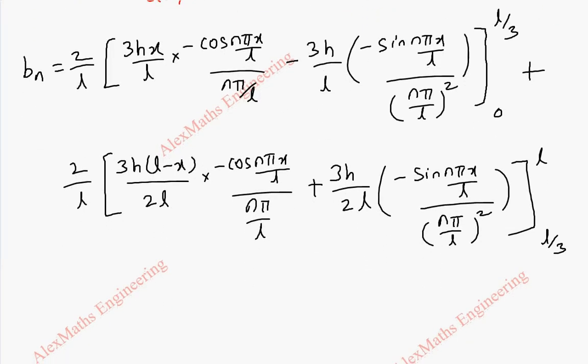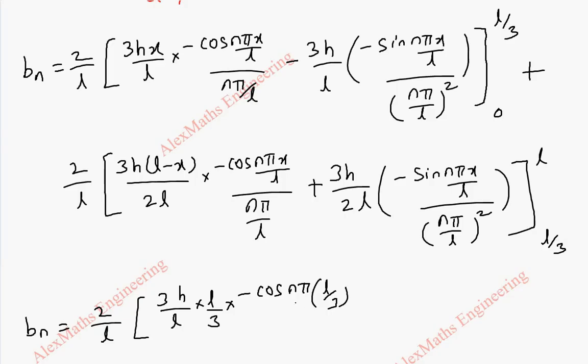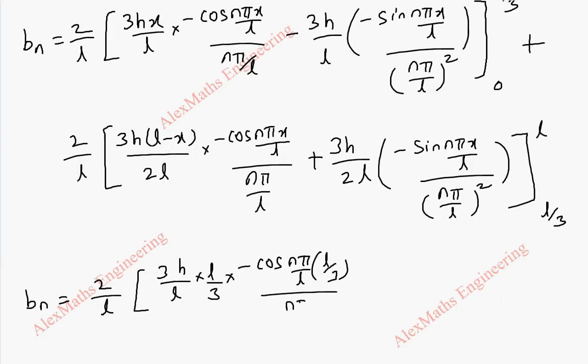Now using the upper limit, we have to substitute x as L by 3. So 3h by L into L by 3 into minus cos n pi into L by 3 by L by n pi by L. So first term I have substituted.